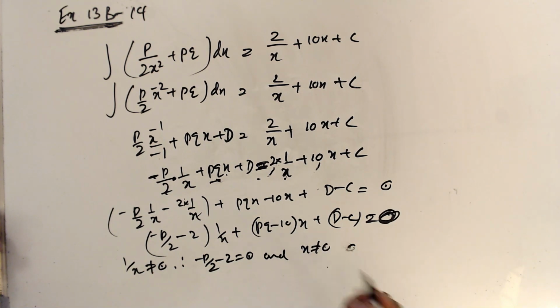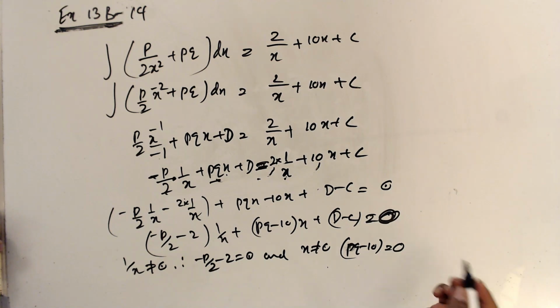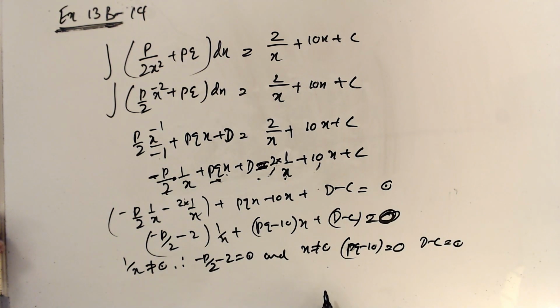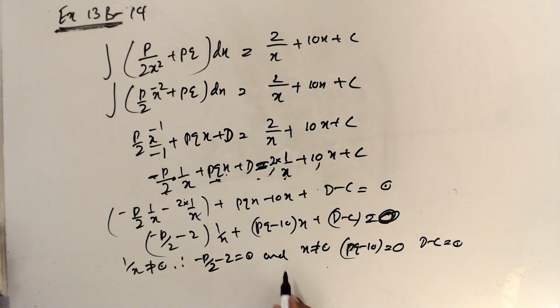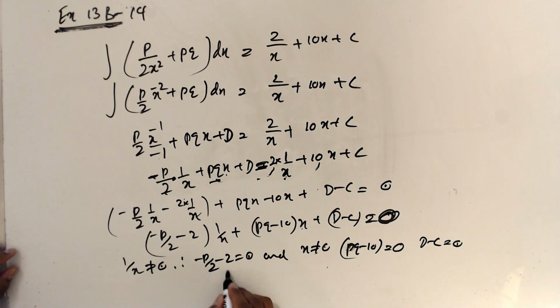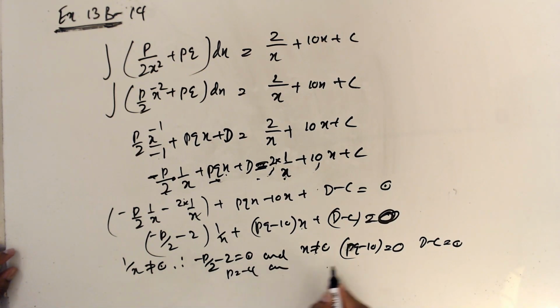And d minus c equals 0. Why can't x be 0? If it is 0, what will happen? This becomes 1 over 0, it will vanish. So when you simplify, p equals minus 4 and pq equals 10.